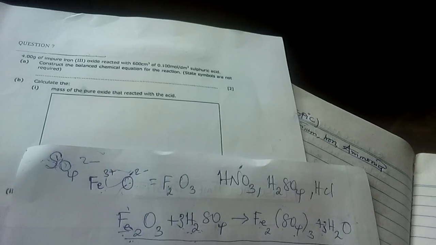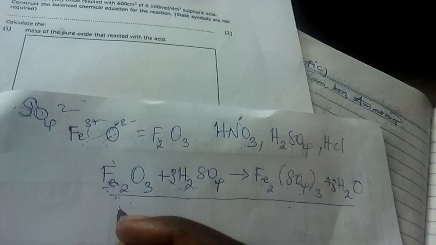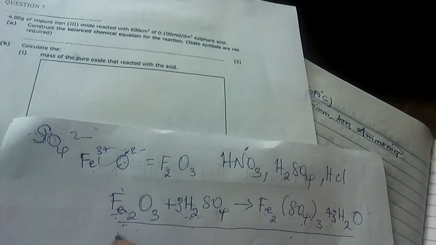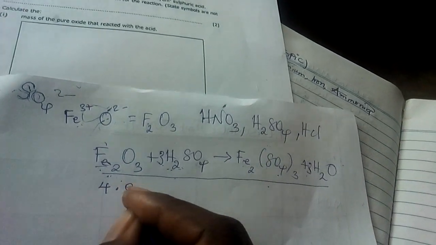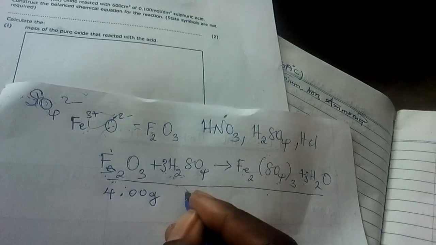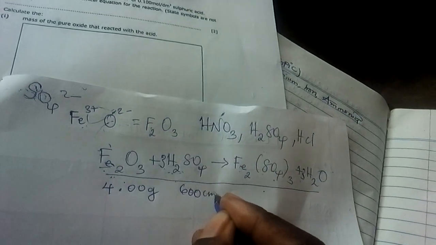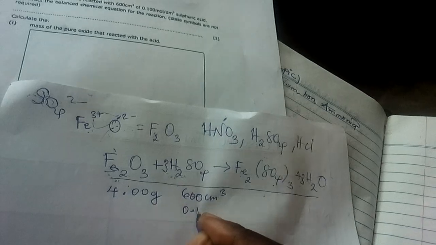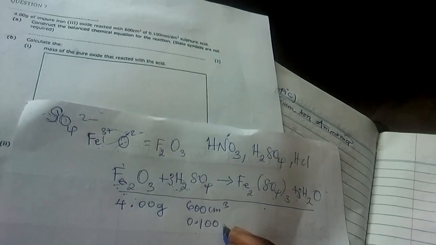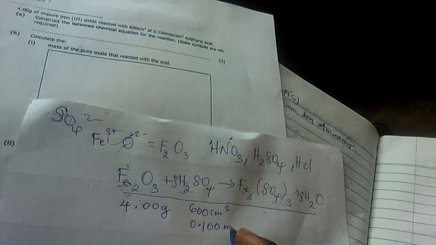The next question says, calculate the mass of the pure oxide that reacted with the acid. So we know that here we were given 4.00 grams. Then here we are given 600 centimeter cubed against 0.100 mole per decimeter cubed.